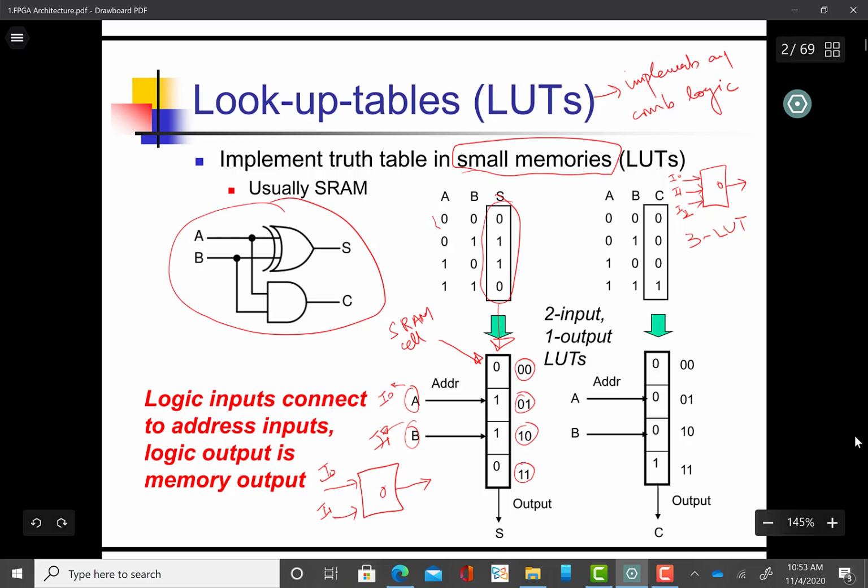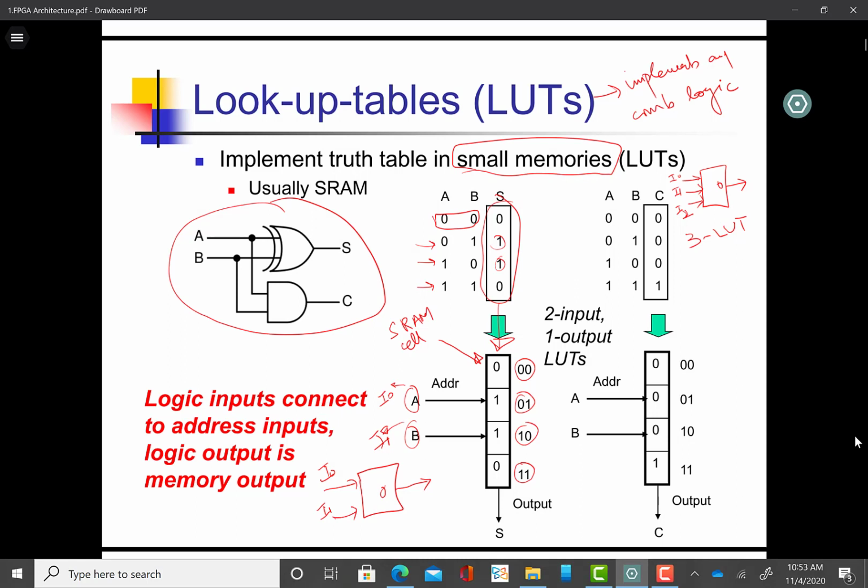So this becomes our address 0, this becomes our address 1, 2 and 3, and on the 0 location we store a 0, on the 1 location we store a 1, on the second location we store another 1, and on the 4th location we store a 0.